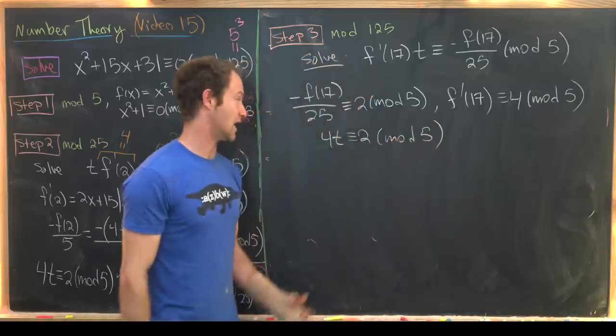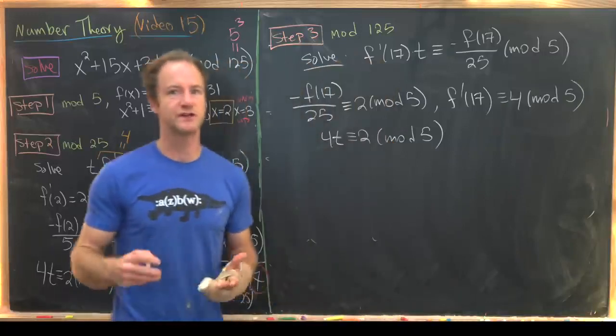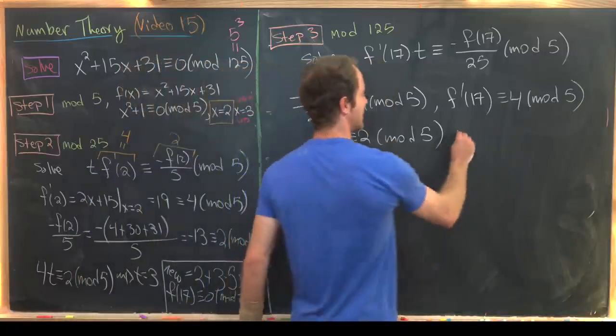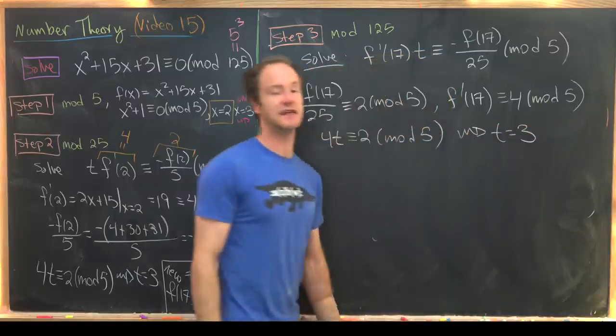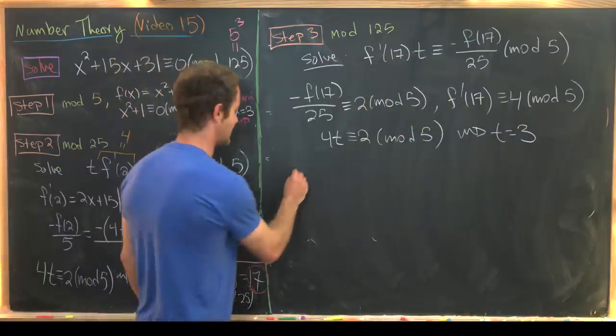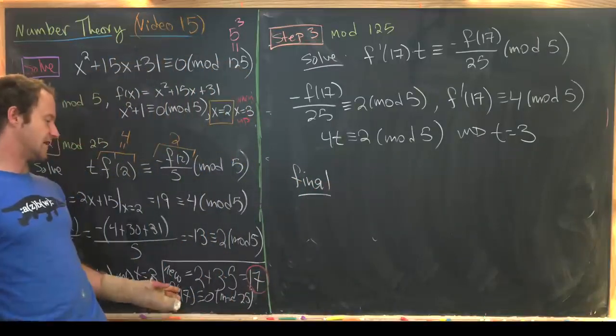And this is just dumb luck that we end up with the same linear congruence that we did down here. Don't assume that's always going to happen. So that means that our solution for this t is t equals 3. And that means we can get our final solution. So this was like an intermediate solution.